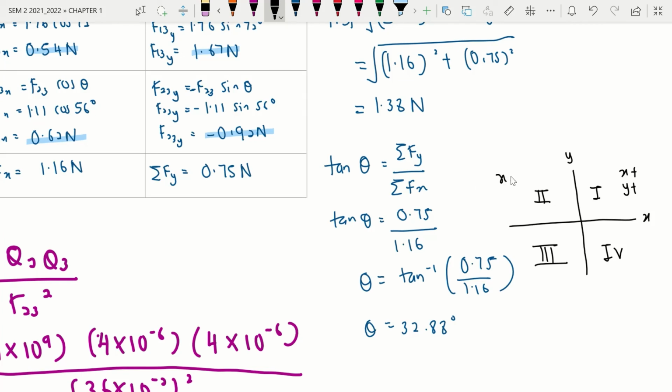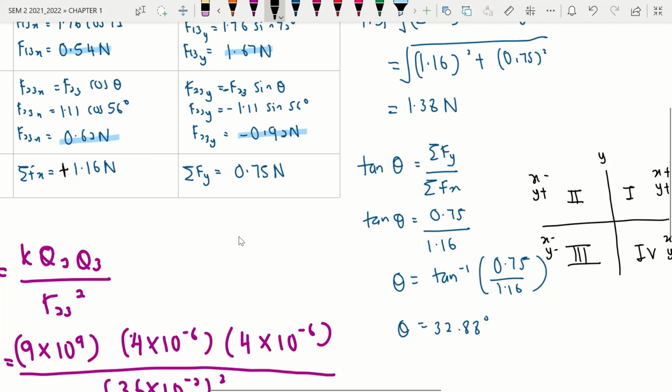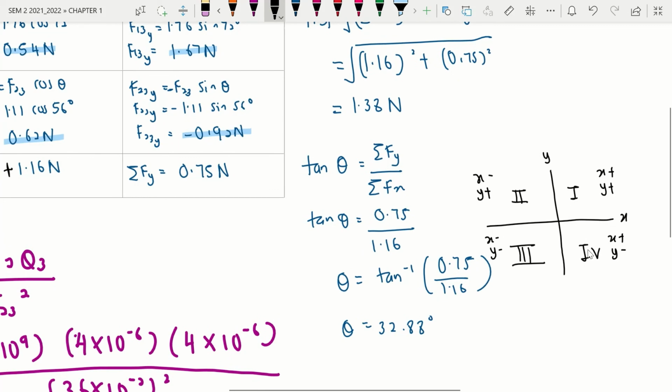Second quadrant, X is negative, Y is positive. Third quadrant, X negative, Y negative. Fourth quadrant, X positive, Y negative. Okay, let's look. The summation of Fx is positive, so it will be either quadrant 1 or quadrant 4, and your Y component is positive as well.